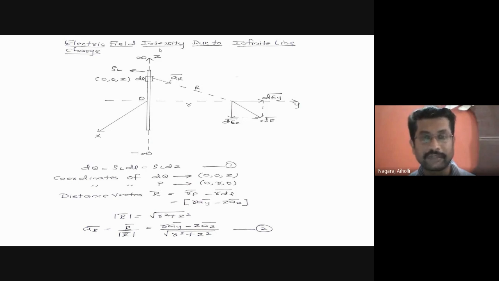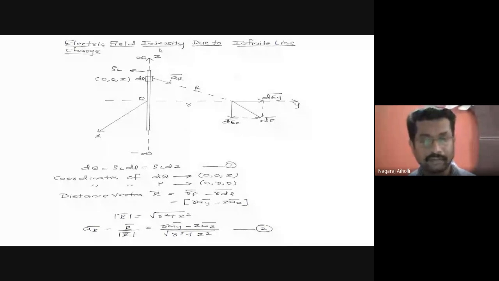X coordinate is 0, y coordinate is 0, only the z coordinate is present. If you take the y-axis, it is 0, y, 0. Only the y coordinate will be there; x and z will be 0 on the y-axis.